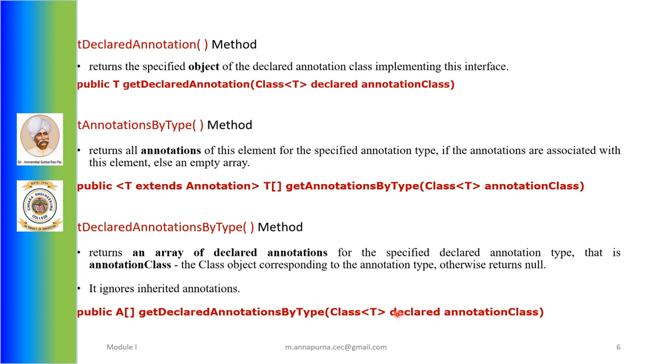This method returns an array of declared annotations for the specified declared annotation type, that is annotation class, which is nothing but a class object corresponding to the annotation type. This method throws a NullPointerException if the given declared annotation class is null.